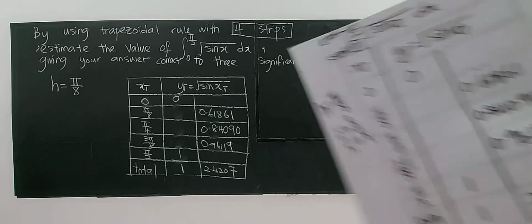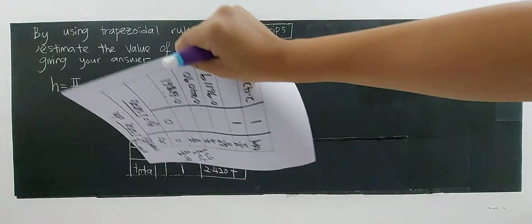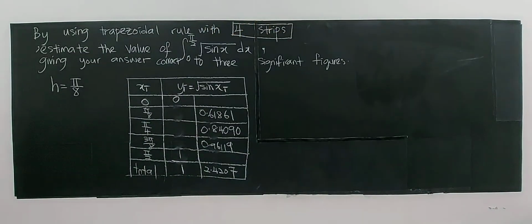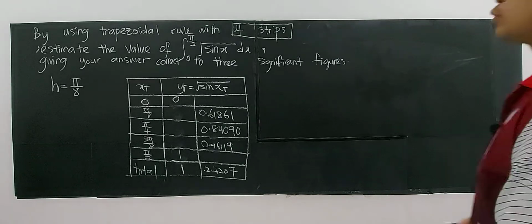Alright, let's see how to evaluate the integral by using the trapezoidal rule with this table. We have already filled up the table with all these values, right? So now lastly, we have to use the trapezoidal rule.